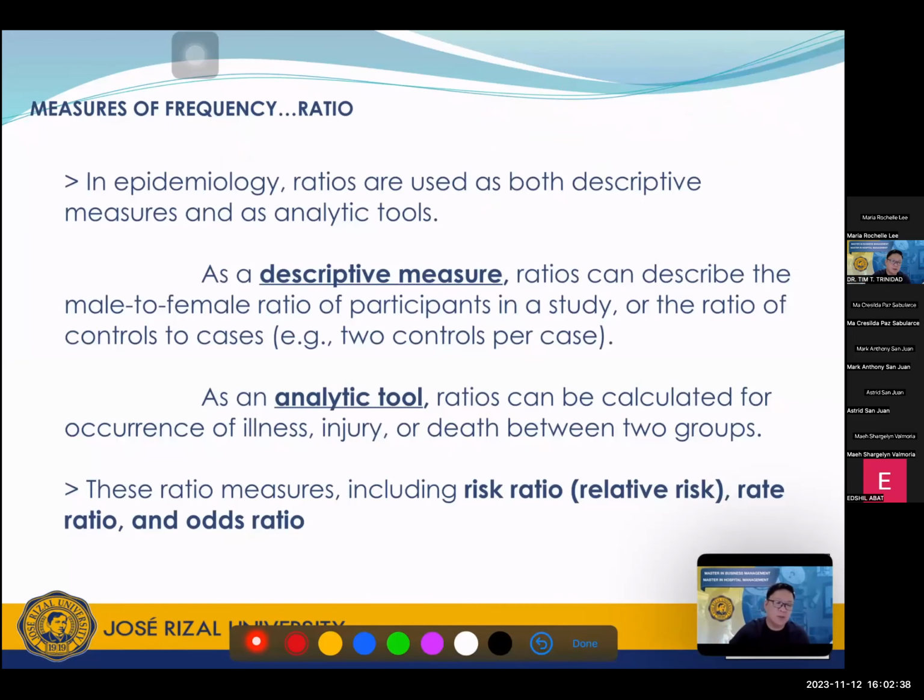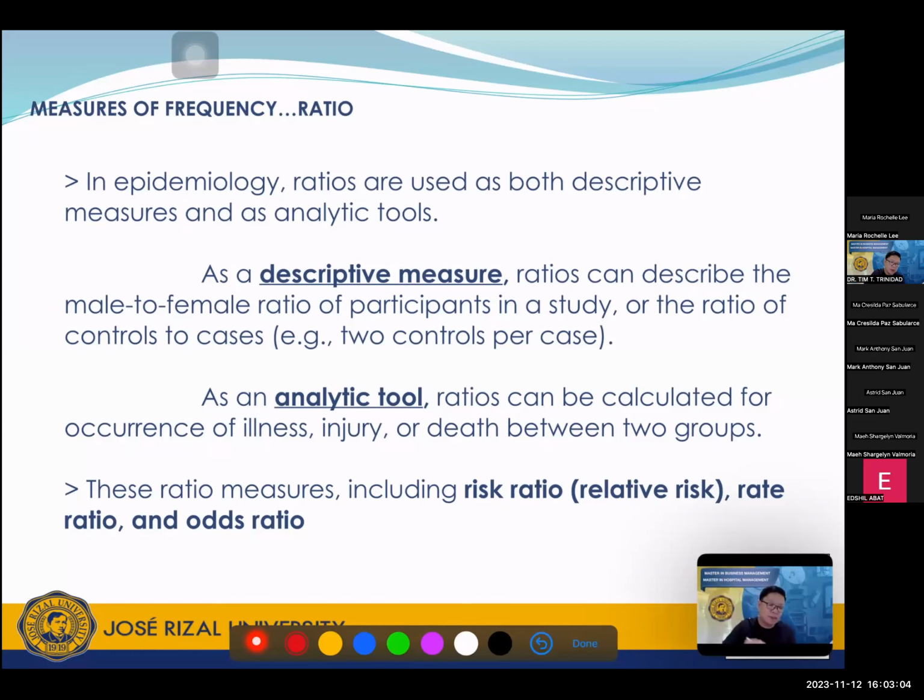So in epidemiology, ratios are used as both descriptive measures and as analytical tool. When you use it as descriptive measures, you are just going to mention the male to female ratio, the exact number. But in analytical tool, this goes beyond. Okay, ito yung mga kinocompute niyo, risk ratio, relative risk ratio, rate ratio.